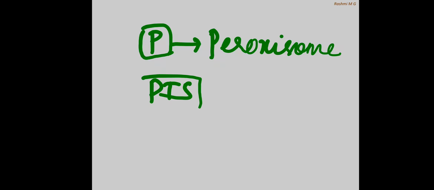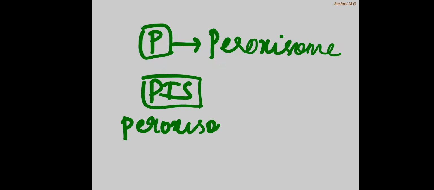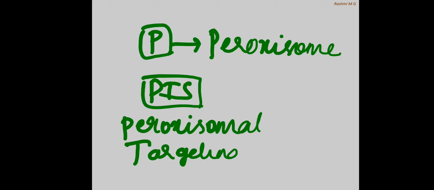So the proteins which are destined to be translocated to peroxisome contain a particular sequence that is known as PTS, peroxisomal targeting sequence.